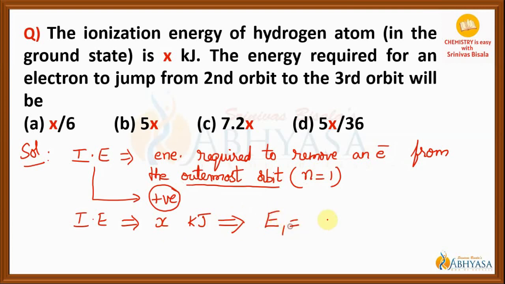But we know that energy of an electron in an orbit is taken as a negative value. So I will write this as minus x kilojoules per mole. This is the energy of the electron in the first orbit. From where we got this value? This is nothing but from the definition of ionization energy. Let's see how to move further.